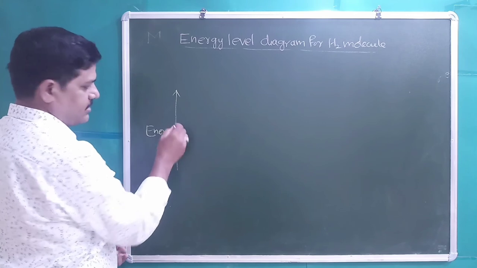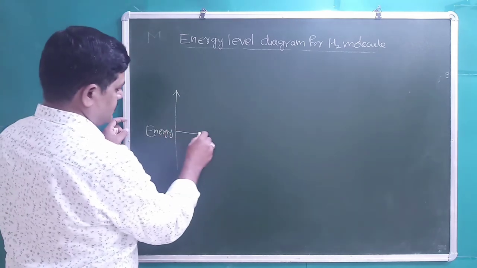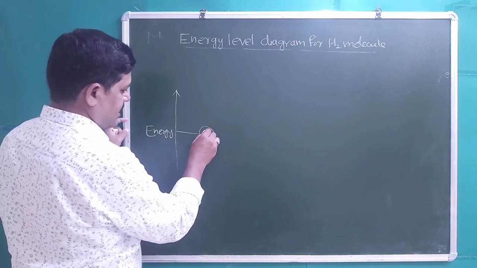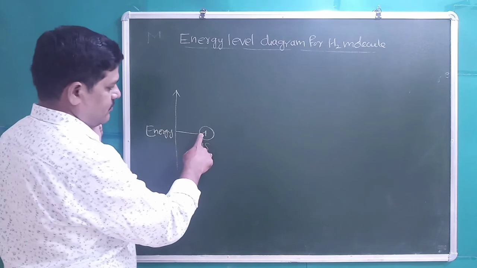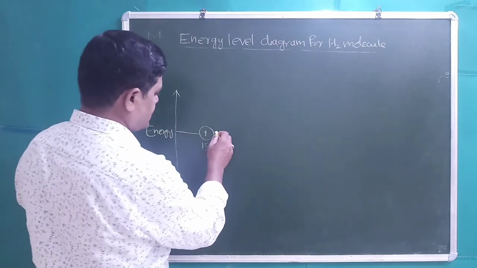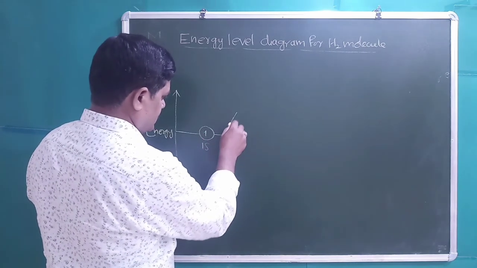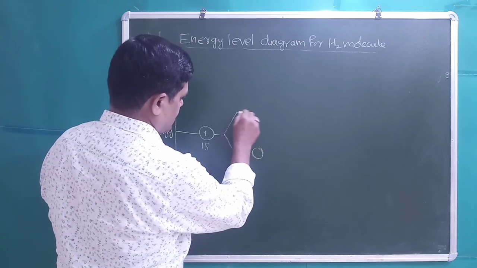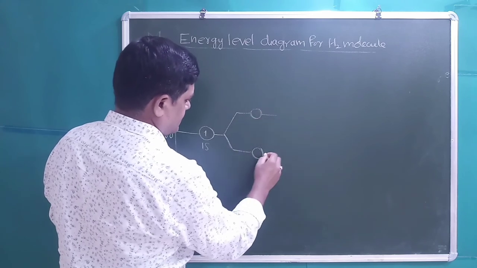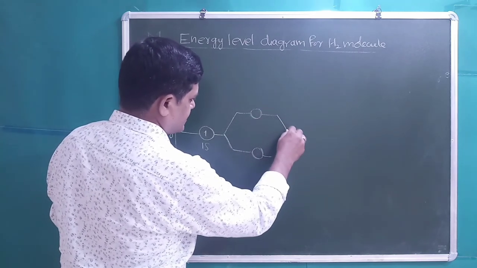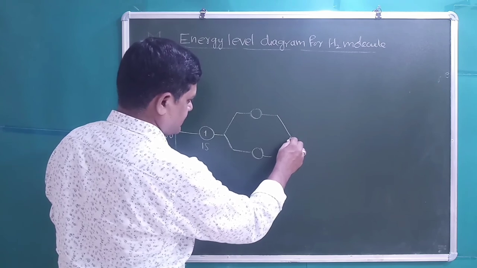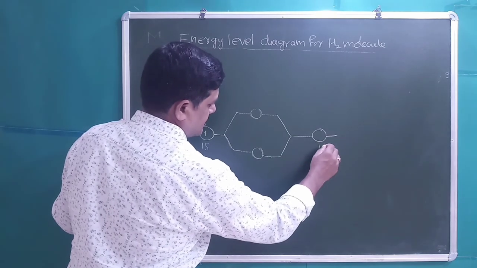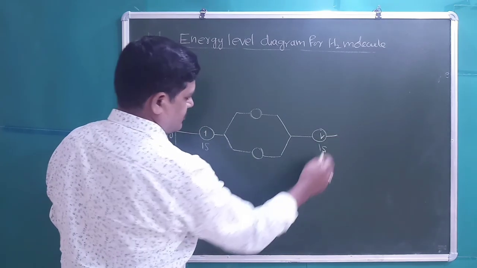Here is the 1s orbital of one hydrogen which has 1 electron, the 1s1 configuration we know, right? And this is the 1s orbital of the other hydrogen atom, which has 1 electron.